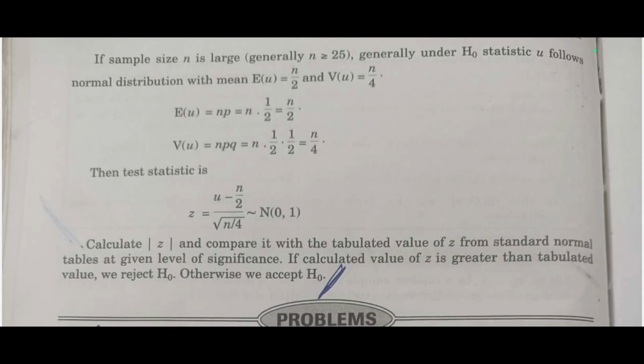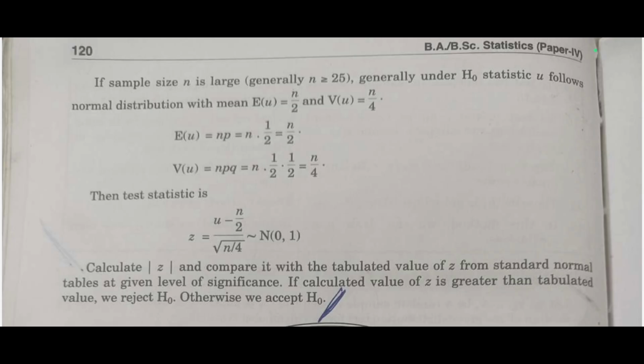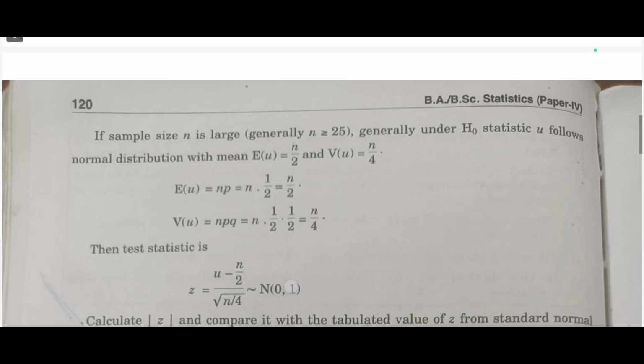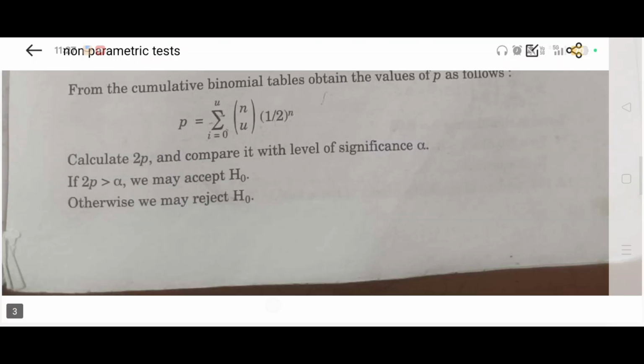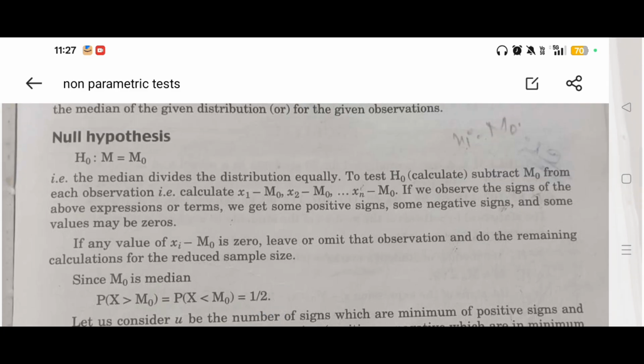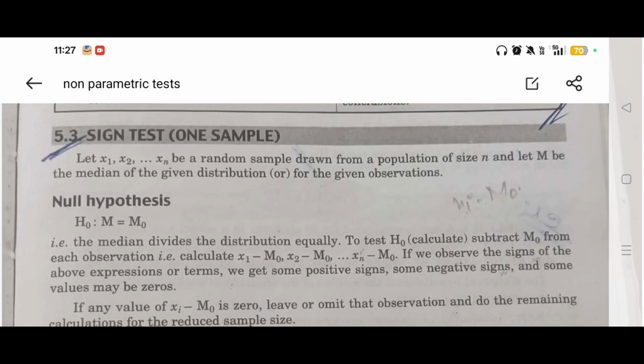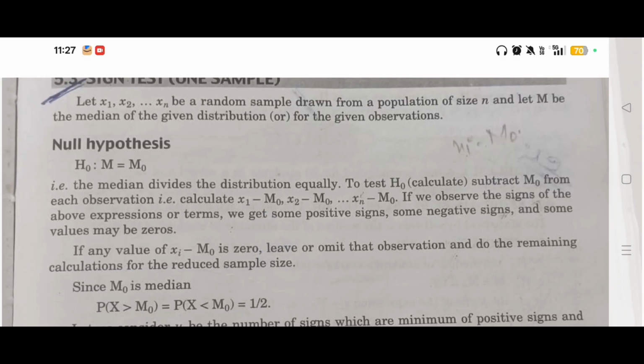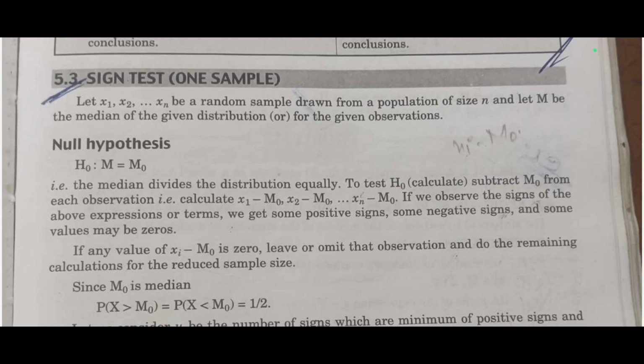Here the Z calculated value is compared with the Z tabulated from the standard normal tables. If it is greater than, then we reject; otherwise, we accept the H naught. Very important: this one-sample test is used for testing randomness, whether any observation occurred randomly or not. To check that, we have to use this one.